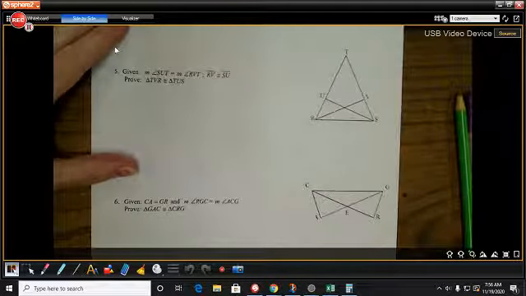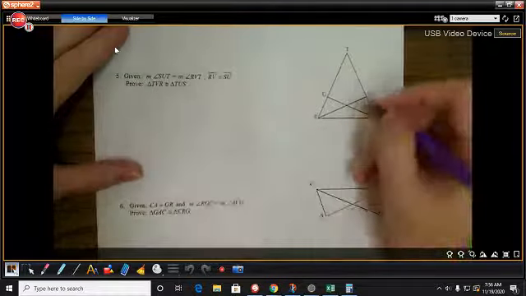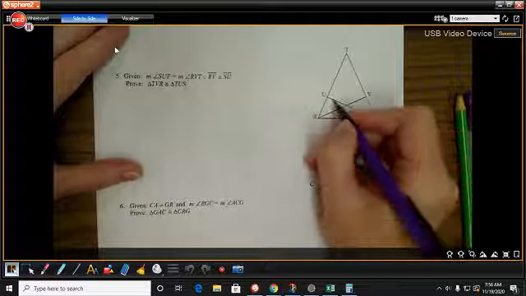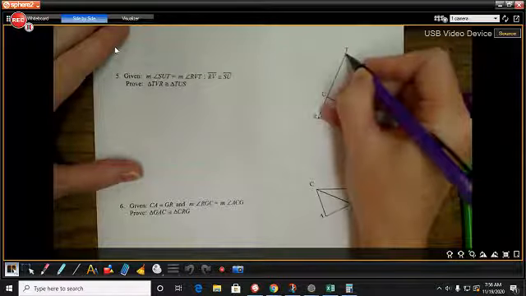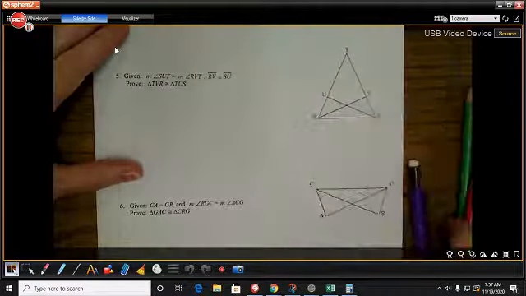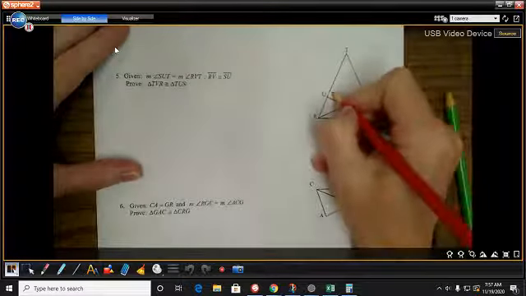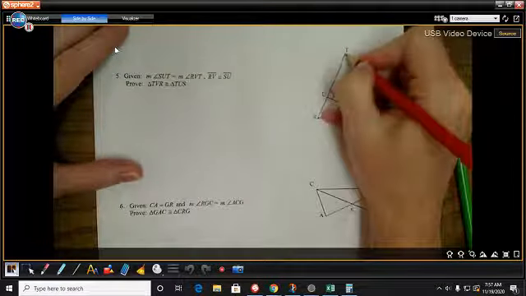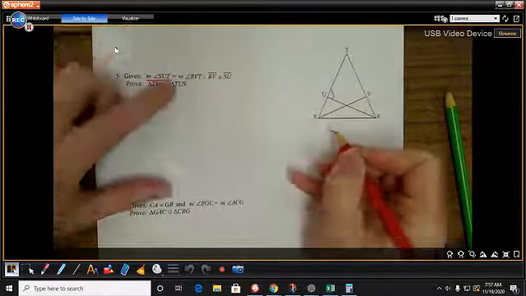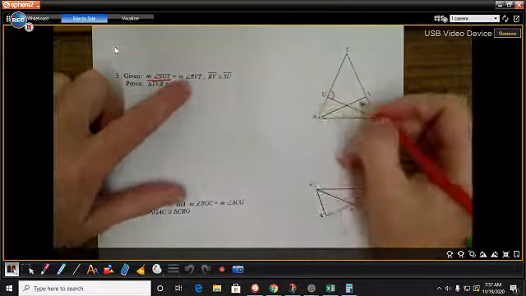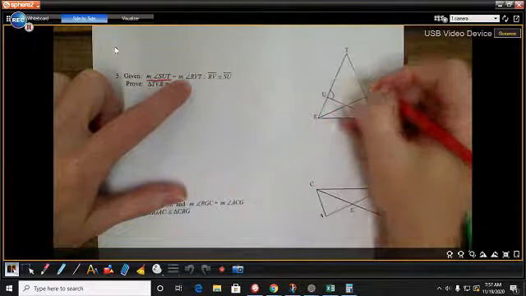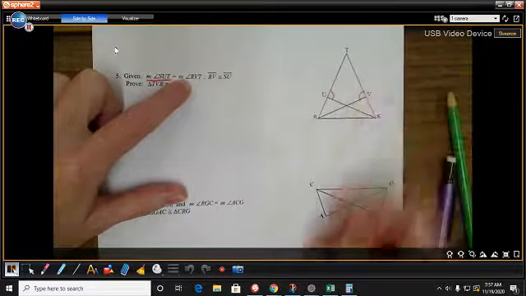Okay, looking at problem number 5 here. I am given that the measure of angle SUT, so that's this red one right here, S to U to T, is equal to the measure of angle RVT. That's this one right here.